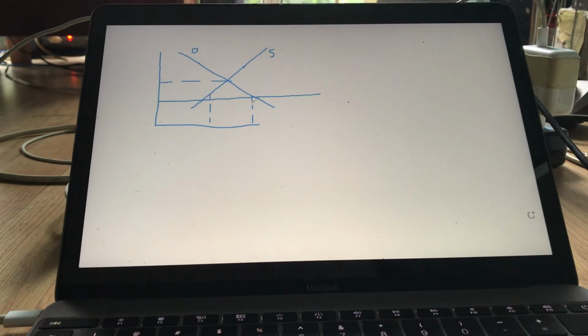The demand is at this point, the supply is at this point, so the demand is greater than the supply, an excess in the demand. So what should the central bank do? The central bank has to sell the foreign currency in exchange for the domestic currency. Okay, and so we have here.